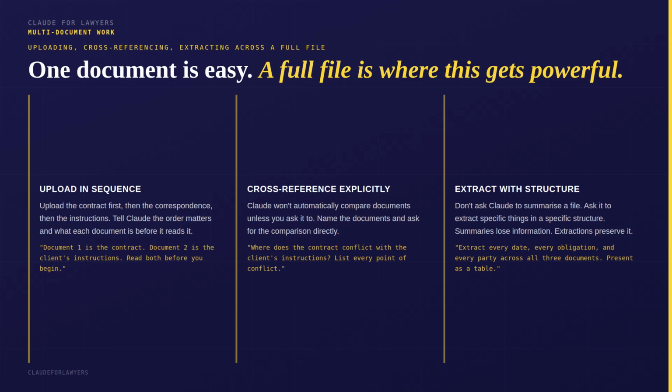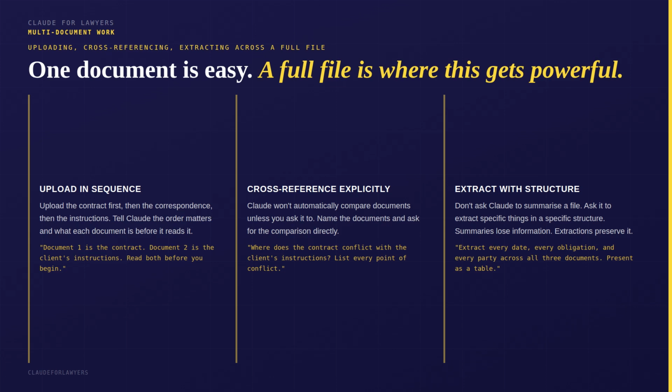Extract every date, every obligation, every party, and every condition precedent across all 3 documents. Present this as a table with 5 columns: document, date, obligation, party responsible, and deadline. What comes back is a structured reference you can use, not a paragraph that compresses everything into something you then have to re-expand.